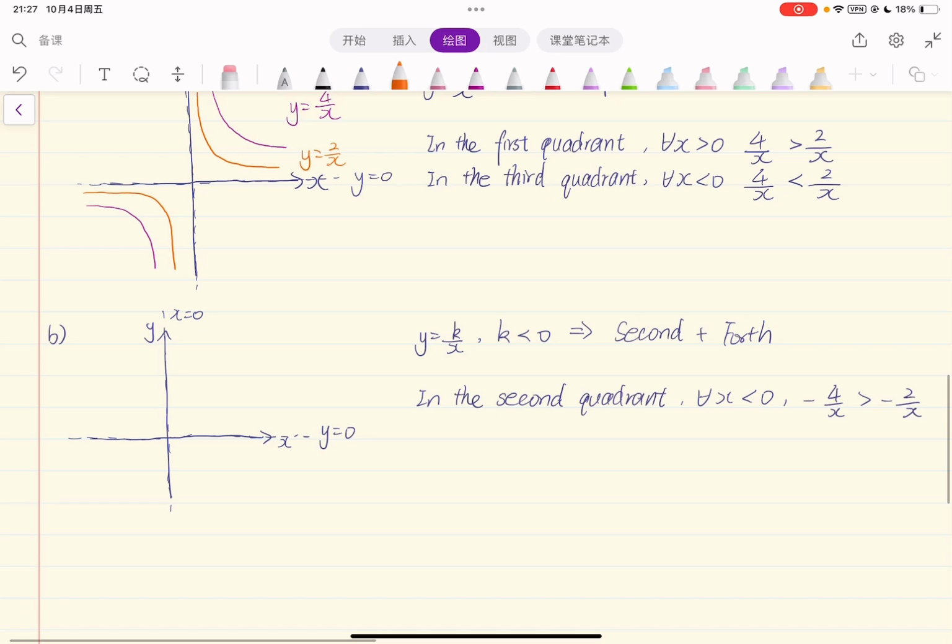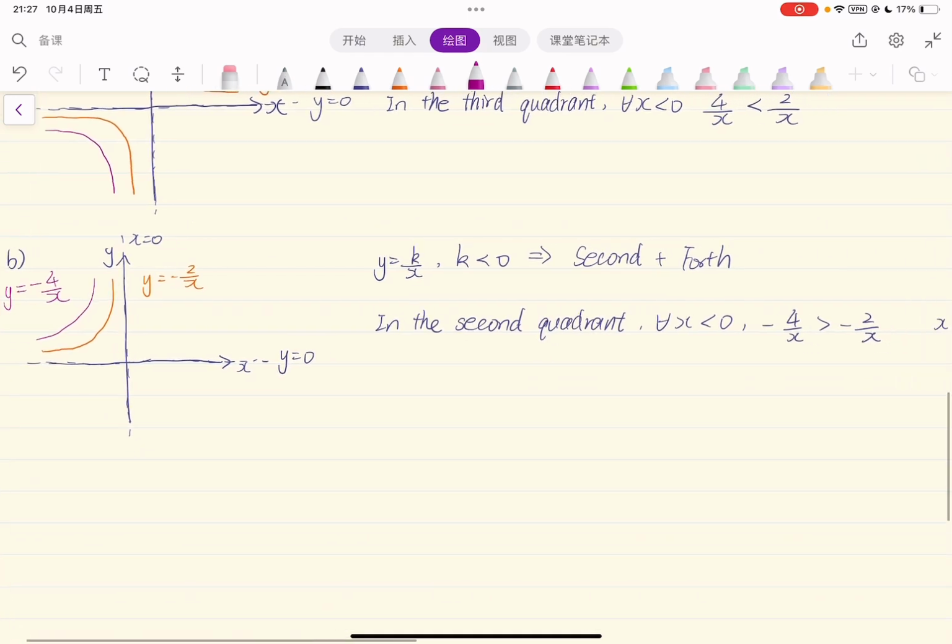Alright, we draw that. The orange one is y equals minus 2 over x, and the purple one is minus 4 over x. So that is above the curve y equals minus 4 over x.